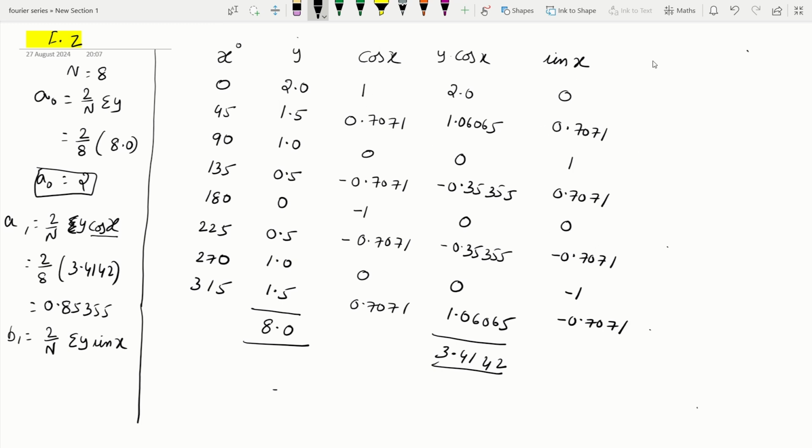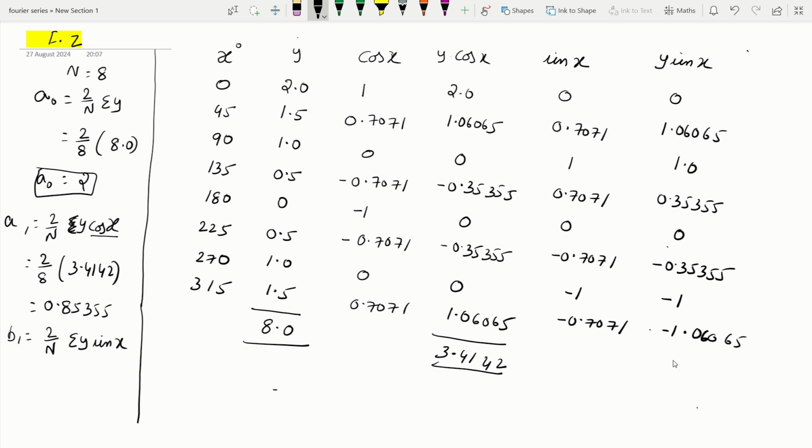Like cos x, we calculated sin x. Now multiply with y into sin x. Multiplying with the y values: 0 into 2.0 is 0, then 1.5 into 0.7071 is 1.06065, the next is 1.0, then 0.35355, then 0, then minus 0.35355, then minus 1, then minus 1.06065.